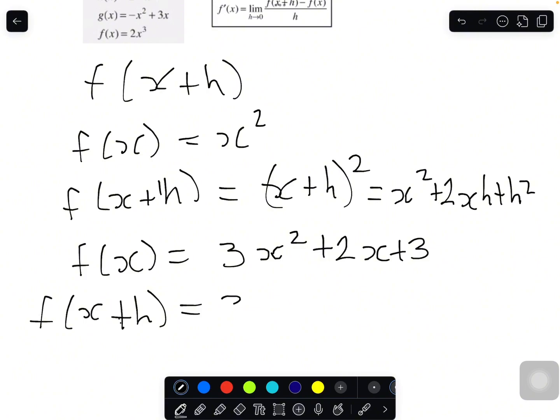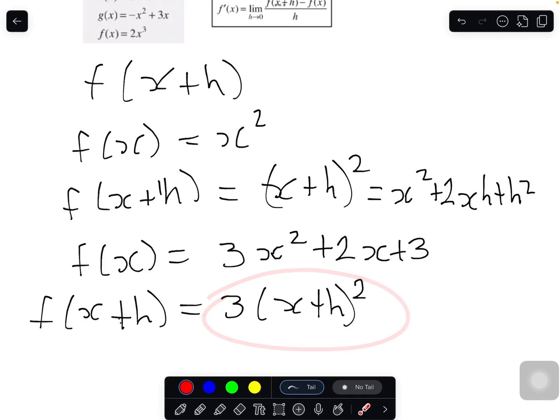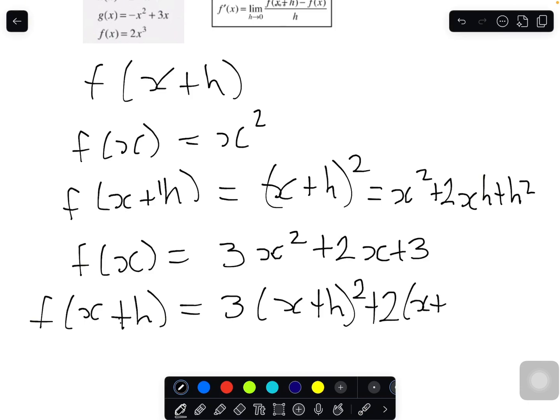We're going to say 3 into x plus h all squared. Can you see that in this example right here, the x plus h is being squared like we showed above, and it's also going to be multiplied by 3 afterwards. So then I'm going to have plus 2 into x plus h and then plus 3, and afterwards we'll multiply all of this out.